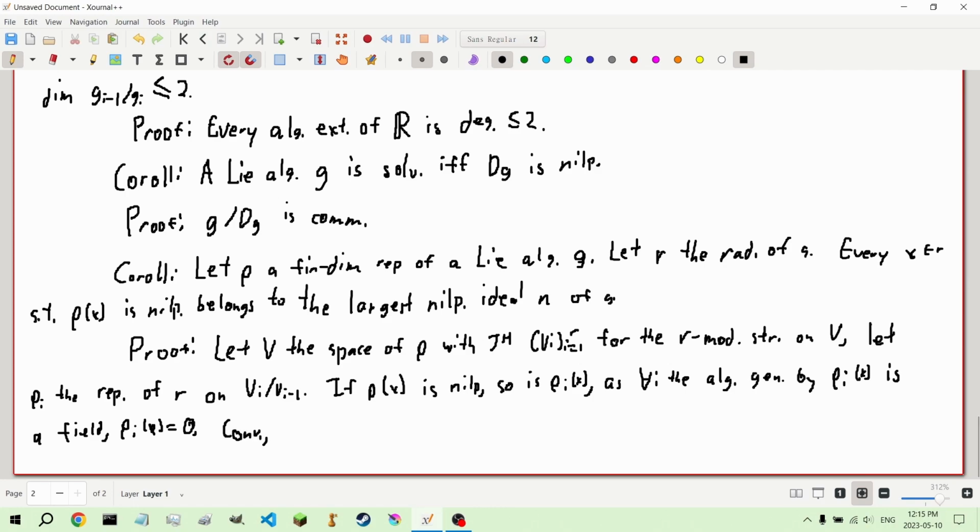Conversely, if rho_i of x is 0 for all i, then obviously rho of x equals 0.